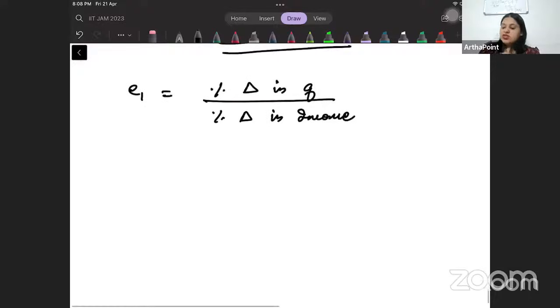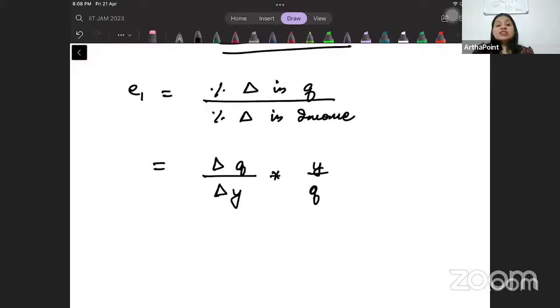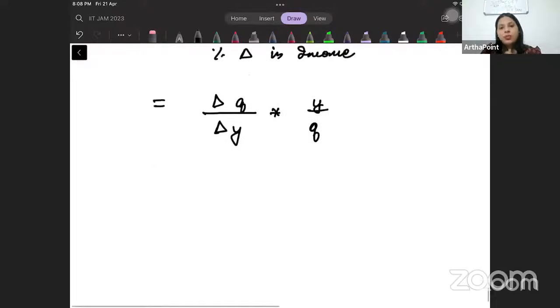That means change in Q upon change in Y into Y by Q, where Y is the income of the consumer. कुछ बहुत important points हैं इससे रिलेटेड जो हमें एक बारी लिख लेने चाहिए.